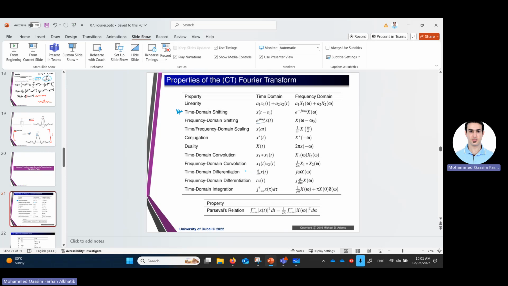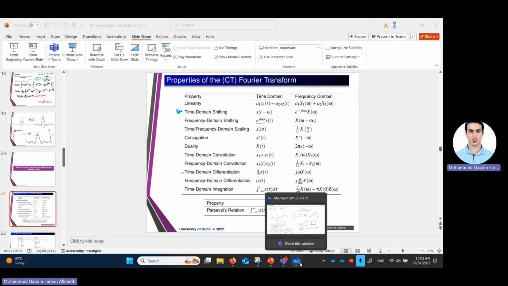Convolution. You've seen how convolution needs a lot of work in time domain. Doing it in frequency domain is easy. You just multiply the Fourier transform of each function. Okay, derivatives. Things we'll do next week. When you take the derivative in time domain, you multiply by j omega in frequency domain.